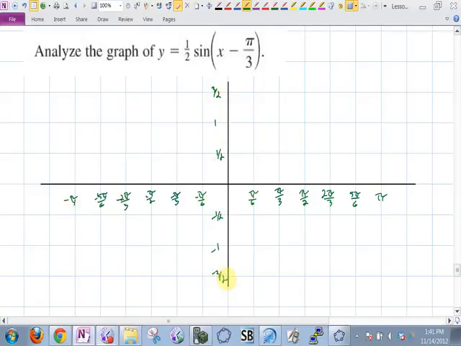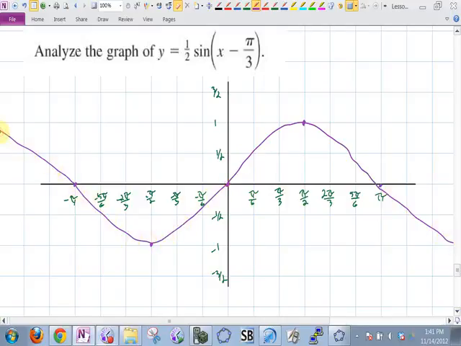Now, what I would typically do is graph the helper graph here. I probably wouldn't graph the parent. If you wanted to, the parent graph would look like this. Okay, so that is sine x right there. That's the parent function. I'm going to vertically squash that by 2.